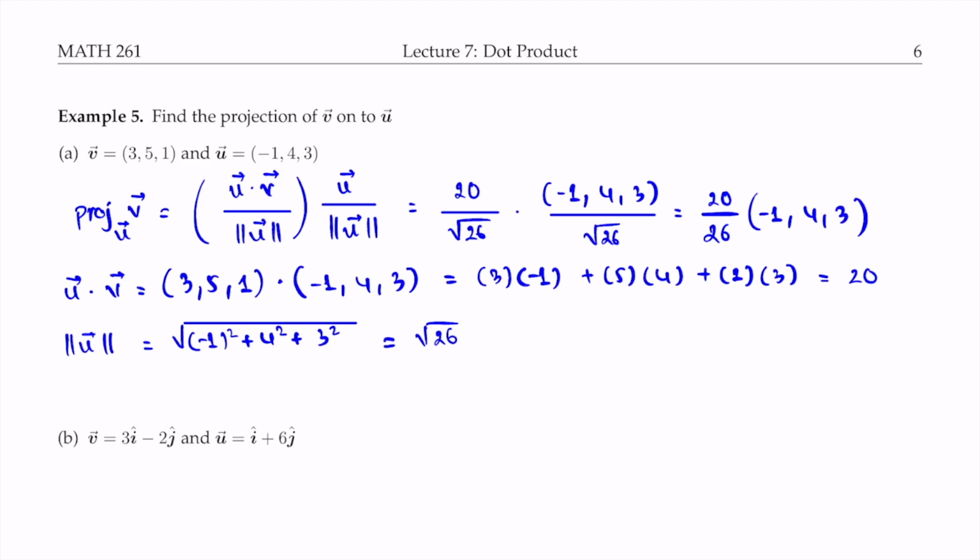I mean, you can stop right here, or you can go a little bit further and simplify the vector projection. And if you do the calculations correctly, you're going to get negative 10 over 13, 40 over 13, comma 30 over 13.